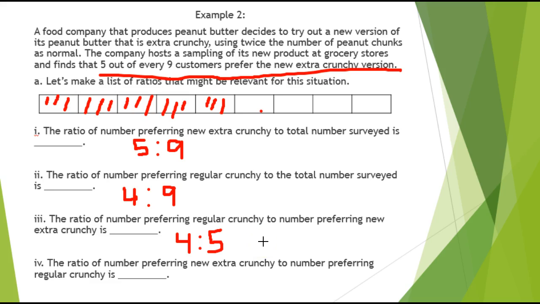And then the ratio of number preferring new extra crunchy to number preferring regular crunchy is, I just have to flip these two because it's asking for extra crunchy first. So I have a 5 to 4 ratio.